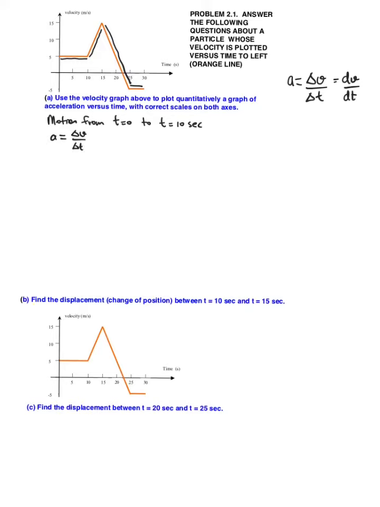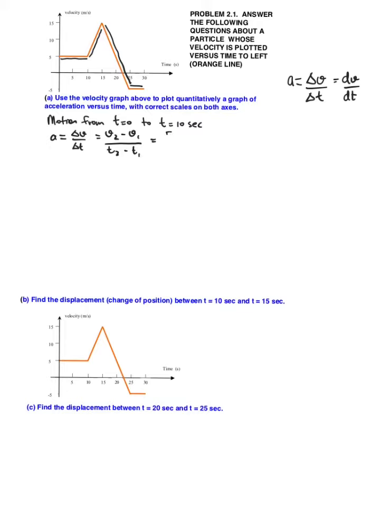Because we're talking about the average over that section and the slope is constant, it doesn't matter. We don't have to use the derivative. So that's the final velocity minus the initial velocity over the final time minus the initial time.